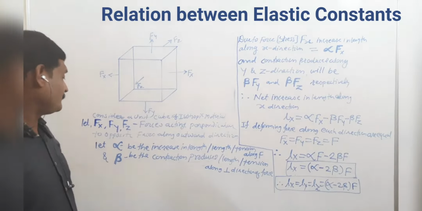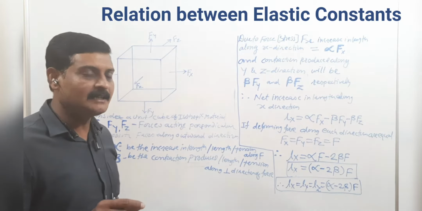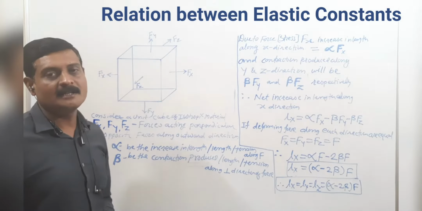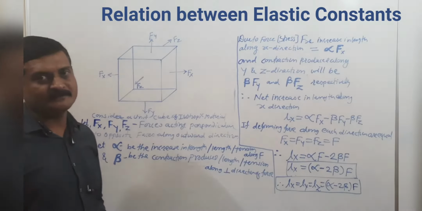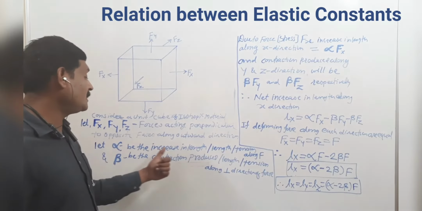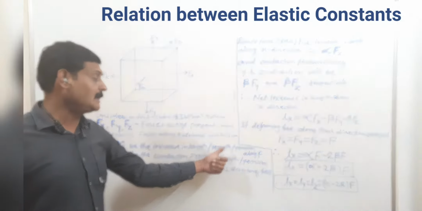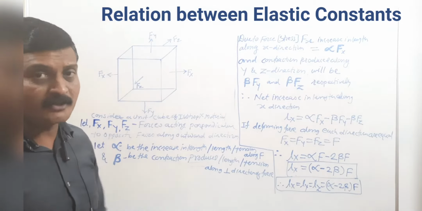Let us consider alpha to be the increase in length per unit tension along the direction of force. Suppose we take one factor alpha. Alpha is the increase in length, or change in length, per unit tension along the direction of force.